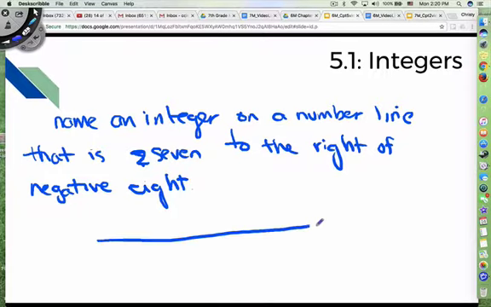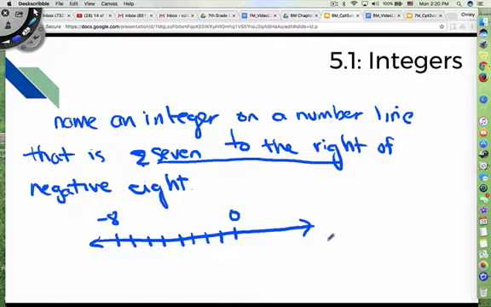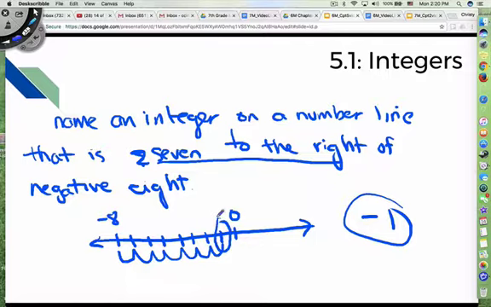What you would do is draw that number line. In some cases it will be on there, but here's -8, -7, -6, -5, -4, -3, -2, -1, and then 0. It's saying 7 to the right. So right is over here. So 1, 2, 3, 4, 5, 6, 7. So your answer would be -1, because you land on that -1.